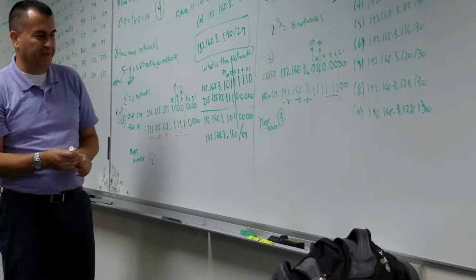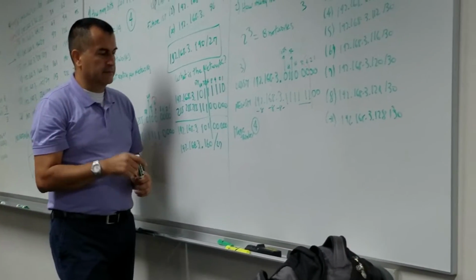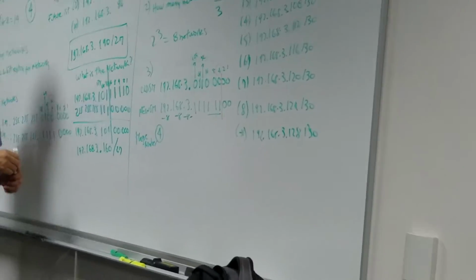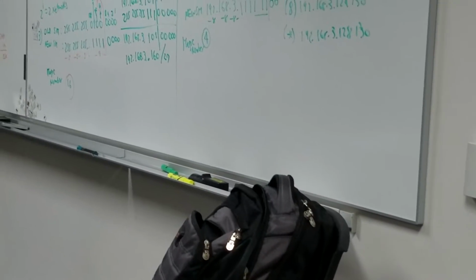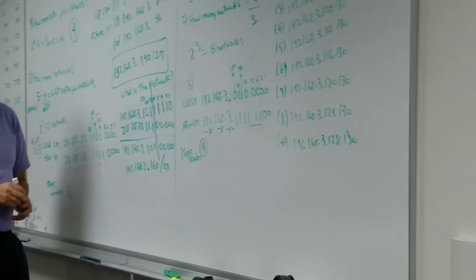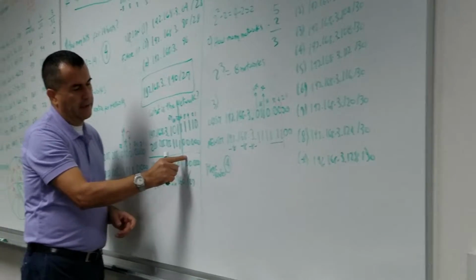So there's a different way to do it. I believe you can go on. Broadcast will be 191, right? I'm trying to think of the shortest way. 1, 2, 4, 8, 16, 32.